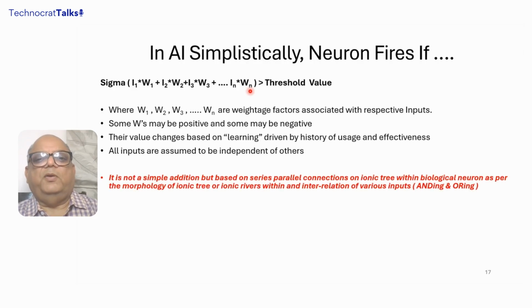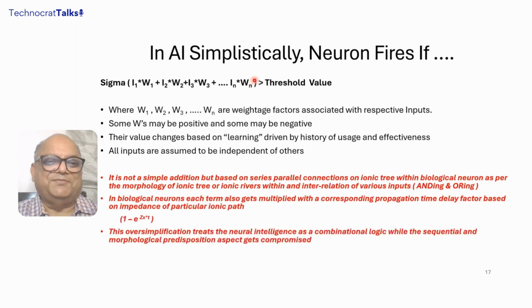But it is not simple addition based on series-parallel connection of the ionic tree. Within a biological neuron, you have to, of course, see the morphology of the ionic tree and do detailed modeling with interrelation of various inputs, which are added in the network, etc. One has to consider that. Here, all that aspect has gone out of the window with the W factors.